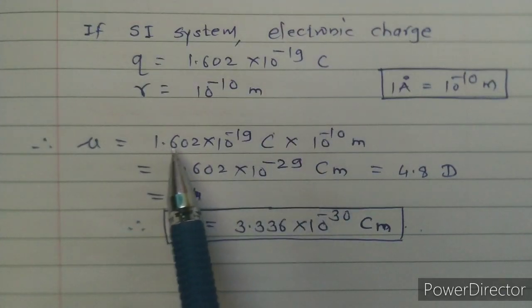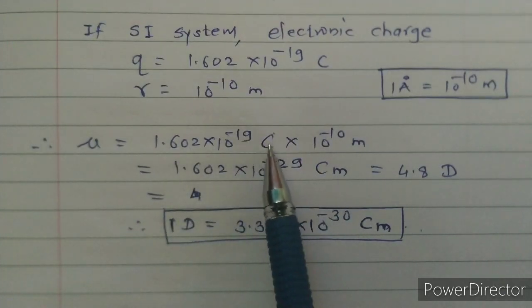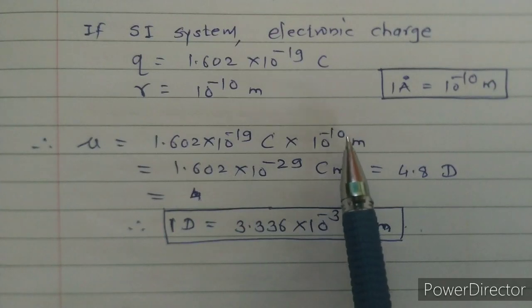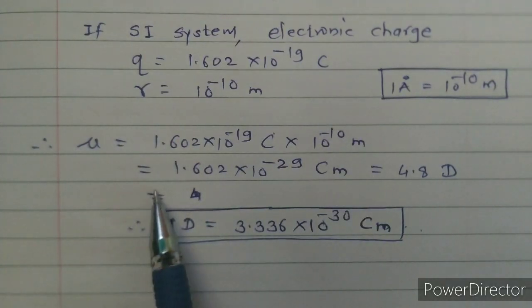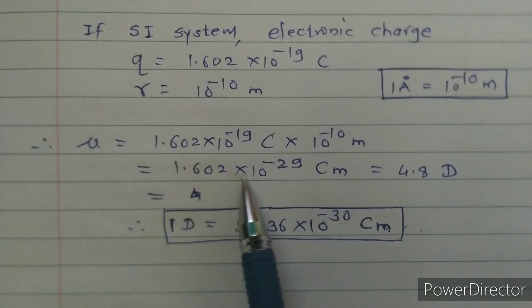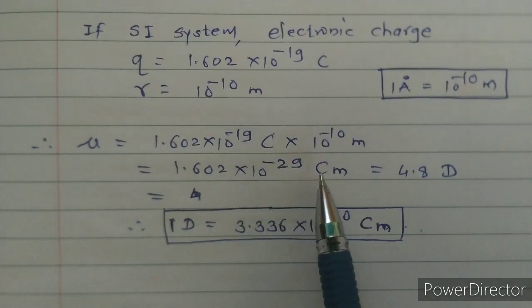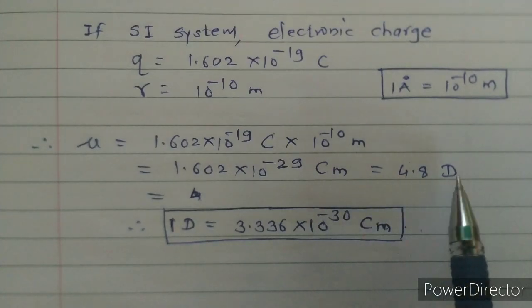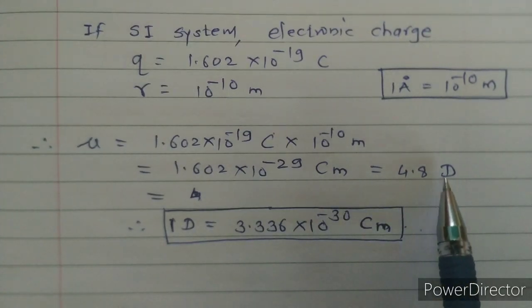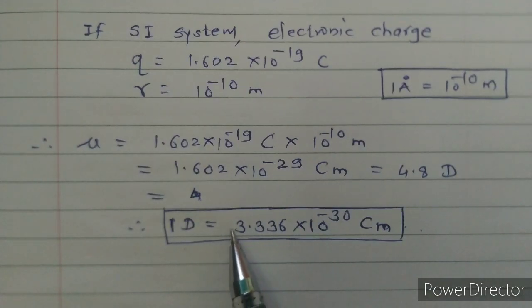Q is 1.602 into 10 raised to minus 19 coulomb into 10 raised to minus 10 meter. Therefore, that is equal to 1.602 into 10 raised to minus 29 coulomb meter. That is equal to 4.8 debye, and hence 1 debye equals 3.336 into 10 raised to minus 30 coulomb meter.